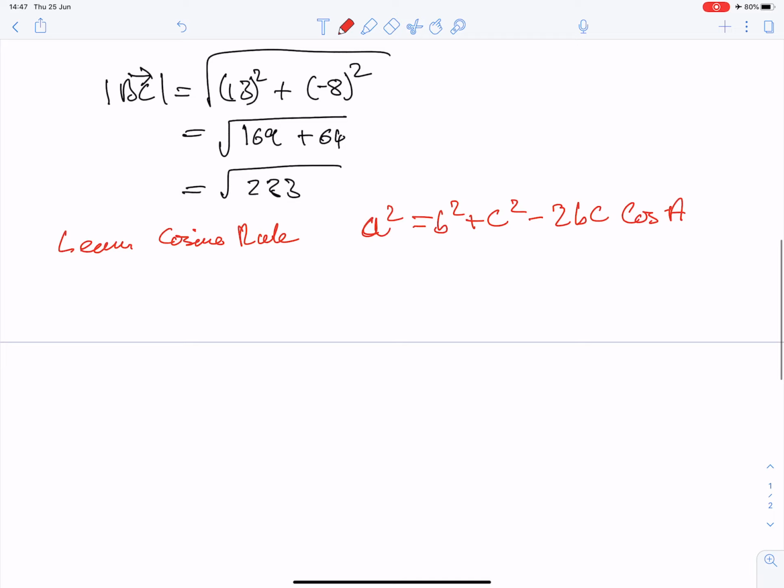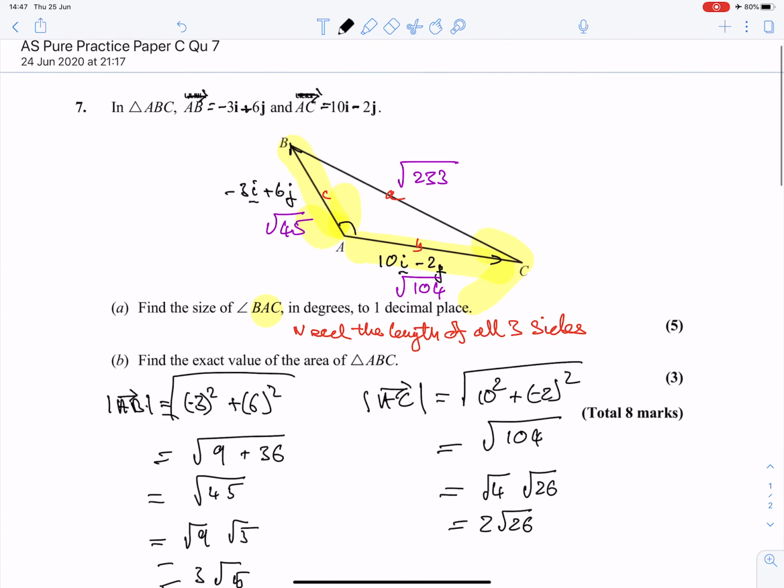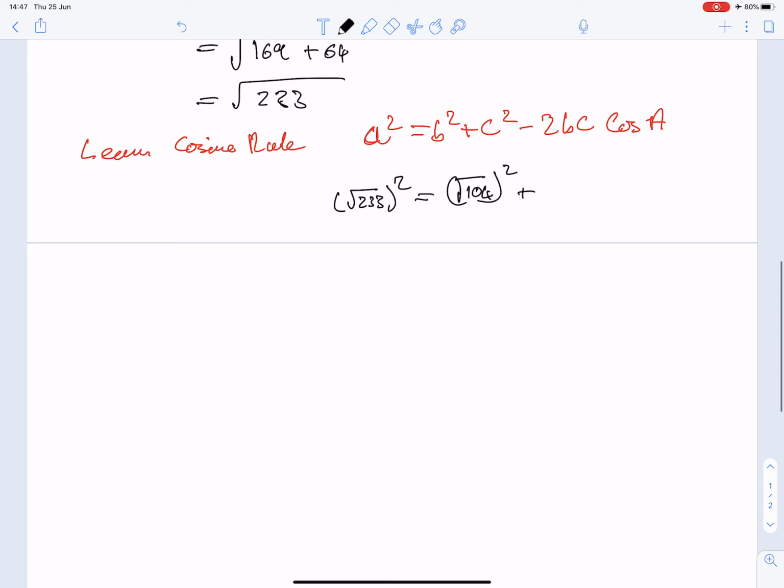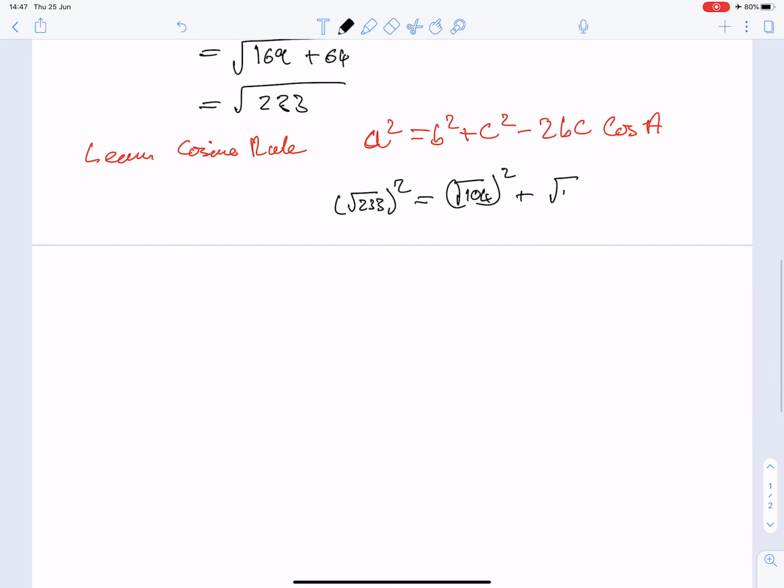So we get, substituting it in, root 233 squared is equal to b squared, which was root 104 squared, plus c squared, which was root 45, so root 45 squared.